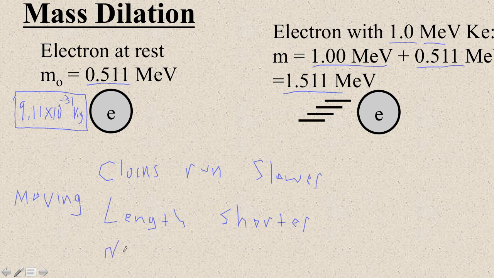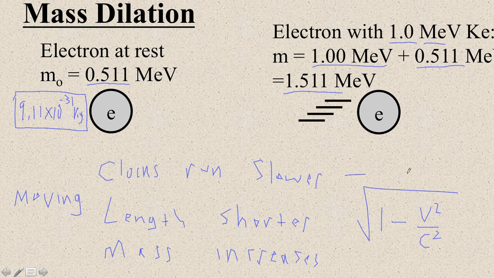And mass increases. We use this factor to make clocks run slower, length get shorter, and make mass increase. It's all this factor here. Or if you want to use the thing in the data packet, they say 1 over that factor. It doesn't matter. We'll just do math.